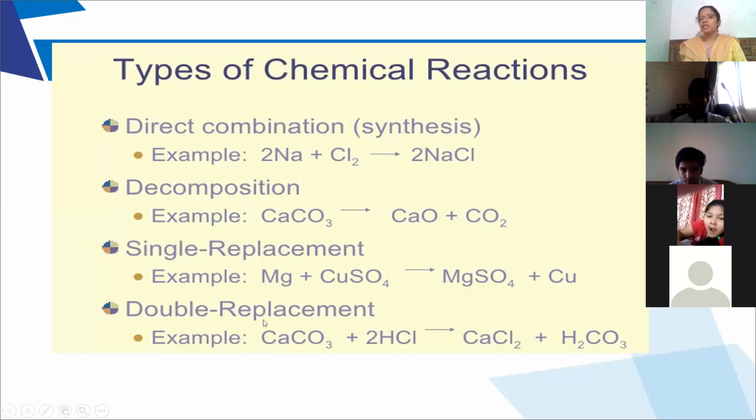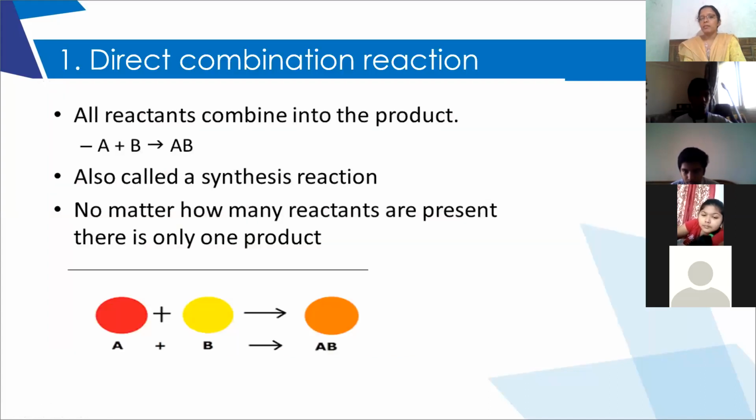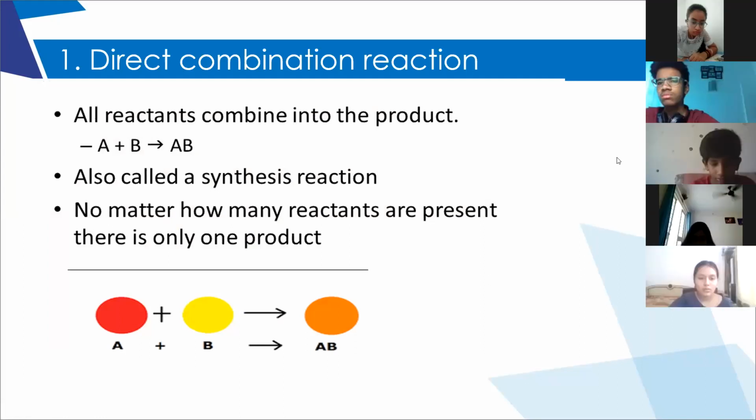Whereas the next one is double displacement, sometimes also called double replacement reaction, in which both the reactants replace one another. Clear? Right. So tell me, Uttirna, what are the 4 types of chemical reactions?